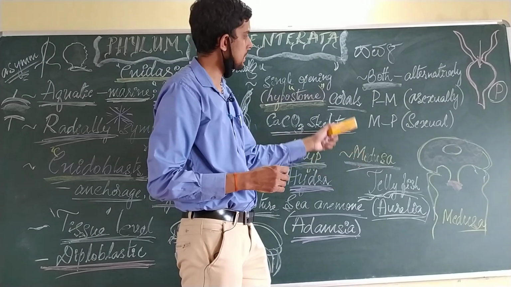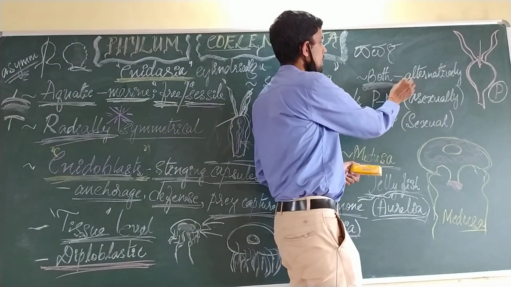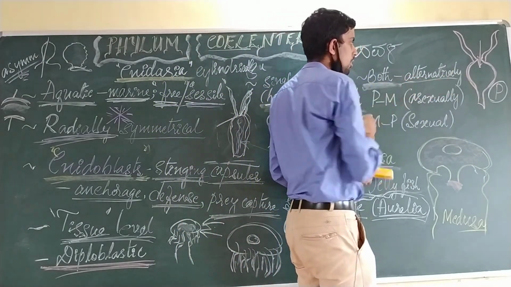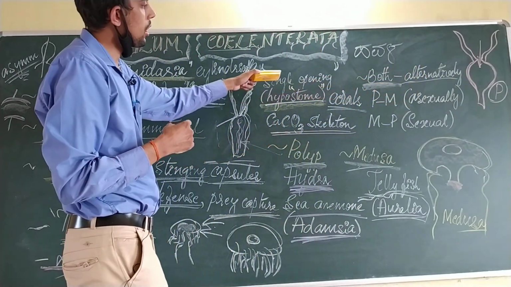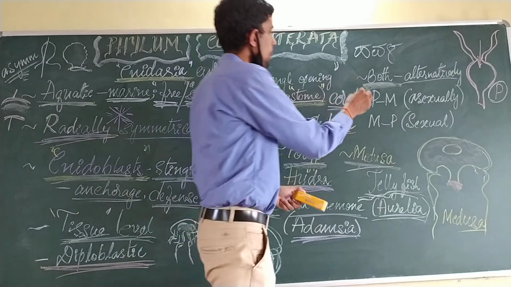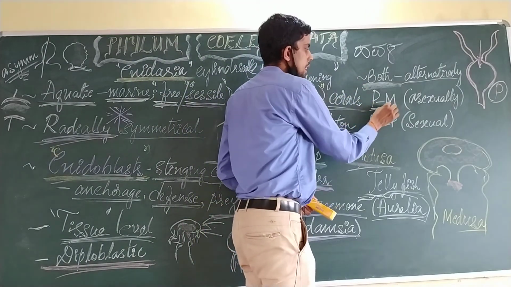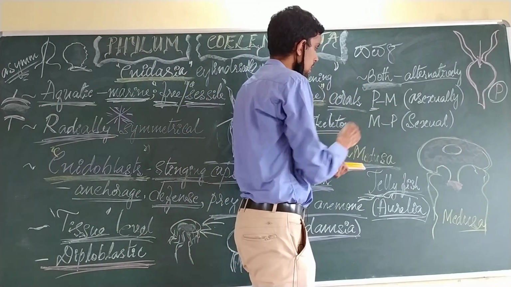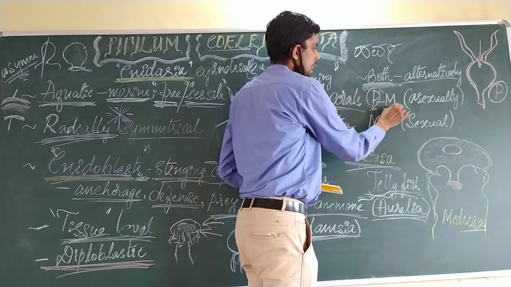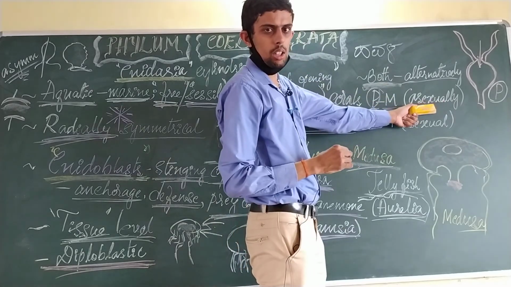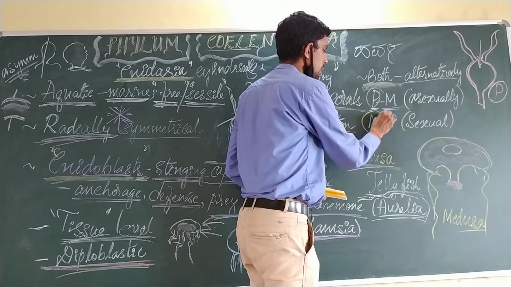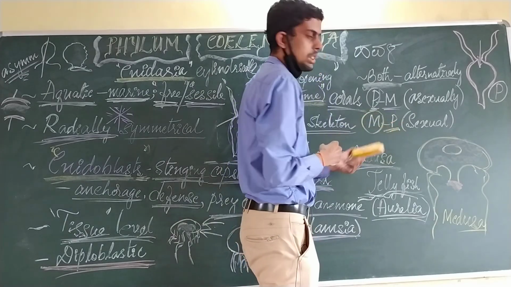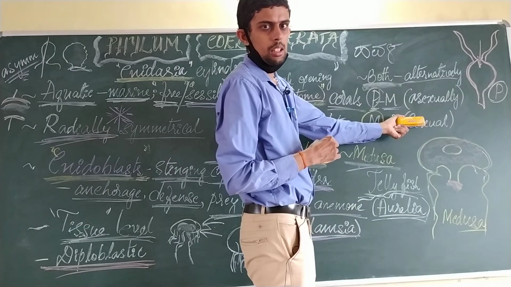If that is the case, you find that there is an alternation of generation. In the alternation of generation, the polyp gives rise to medusa through asexual means, whereas the medusa in turn gives rise to polyp through the sexual method. Clear?